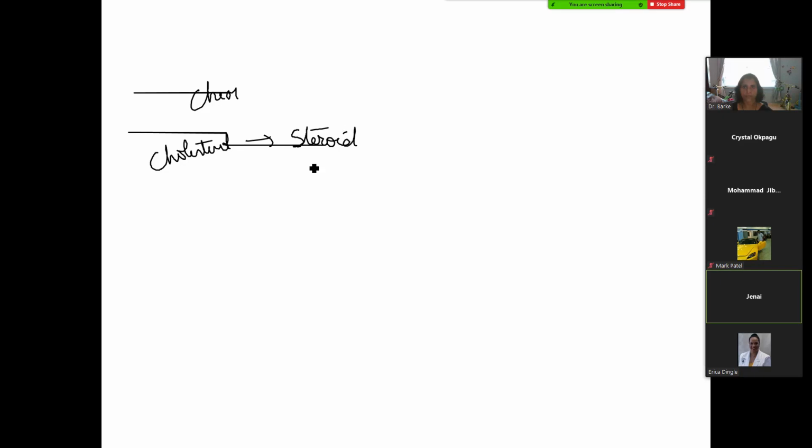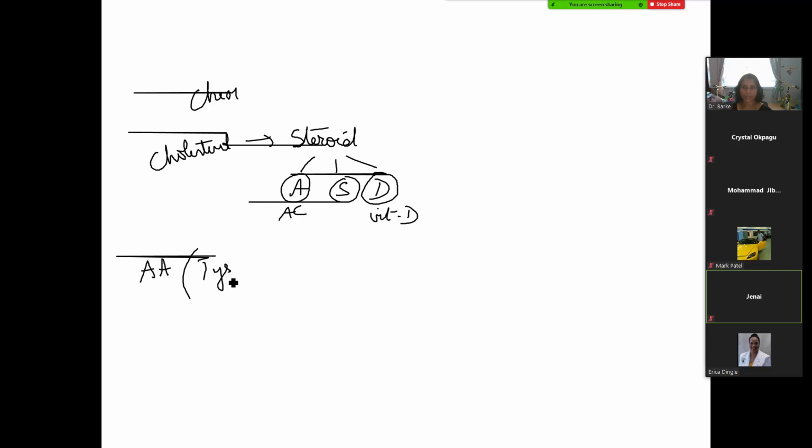Classification of hormones based on chemical nature. All the hormones derived from cholesterol, what do you call them? Steroids. Give me the hormones. Estrogen, sex hormones, adrenocortical hormones, and D stands for vitamin D. Amino acid derivatives are derived from tyrosine.